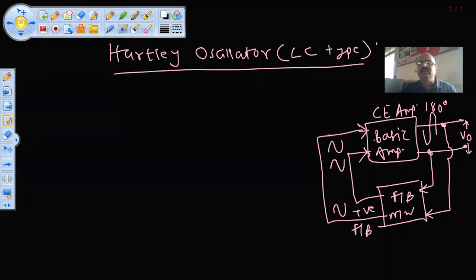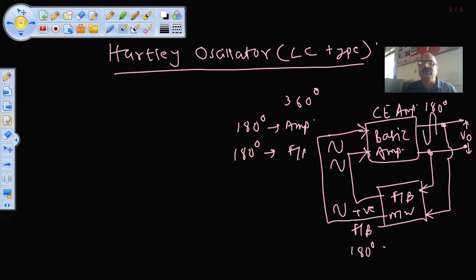So this feedback network further provides 180 degrees phase shift to the output signal. 180 degrees due to amplifier, and 180 degrees due to the feedback network. So total phase shift of 360 degrees.